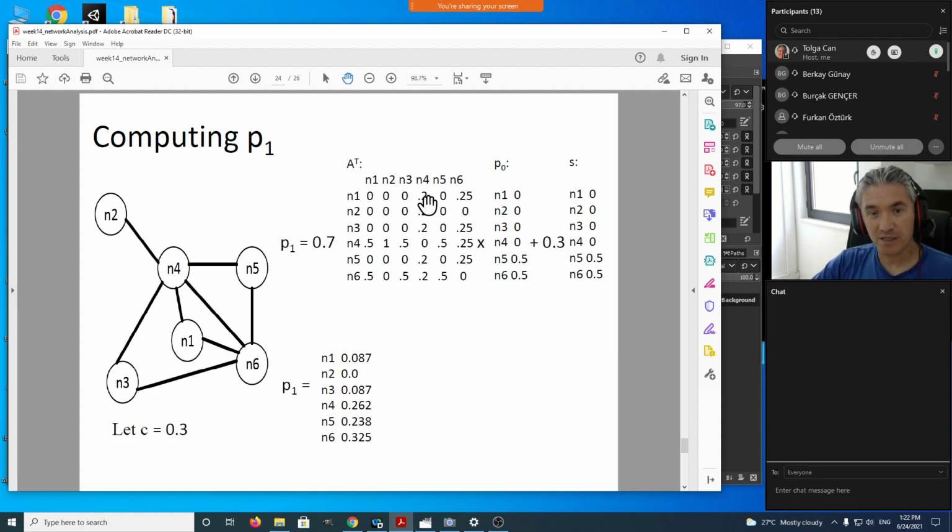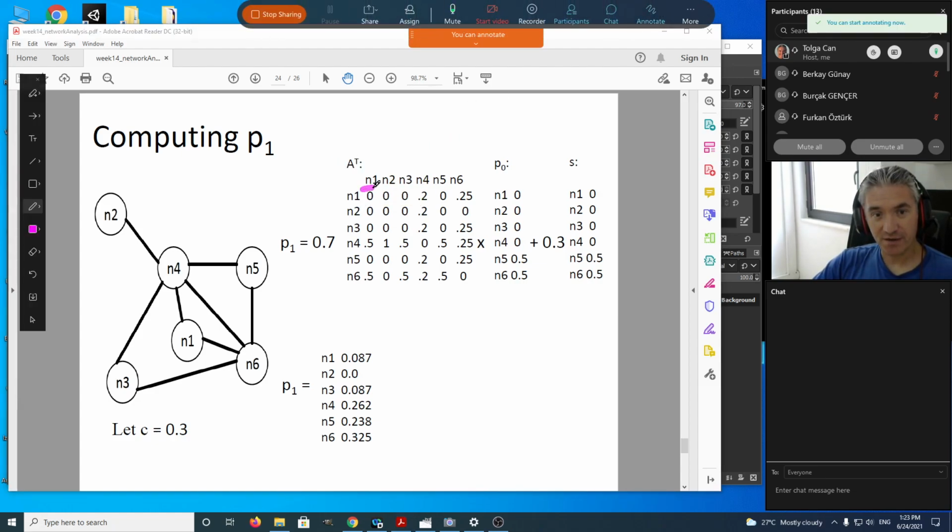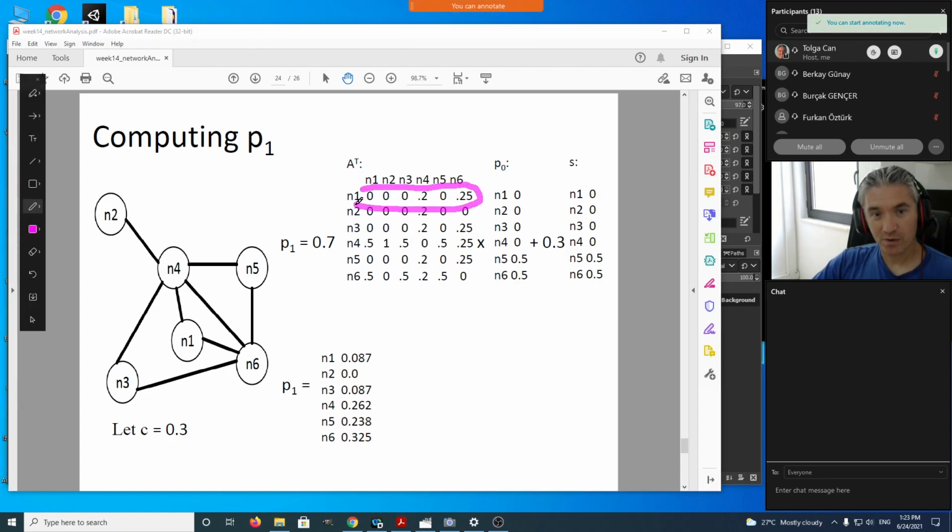So what we do is we get whatever probability we were at N4 in the previous time step, we get 0.2 of that, and we arrive at N1. So the way the multiplication is done, in order to figure out the probability that I'm going to be at N1 in the next time step, I take these values and I multiply each of them with this. So this is how you do the matrix multiplication, and you add up all those.